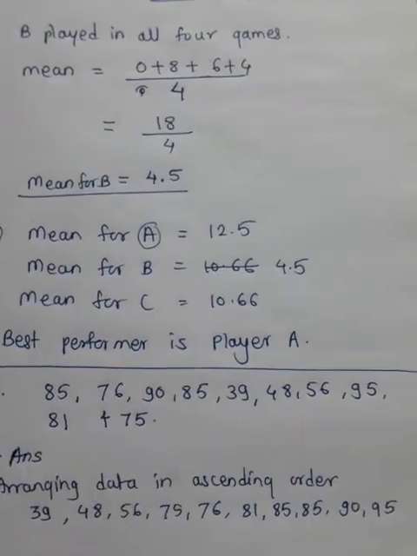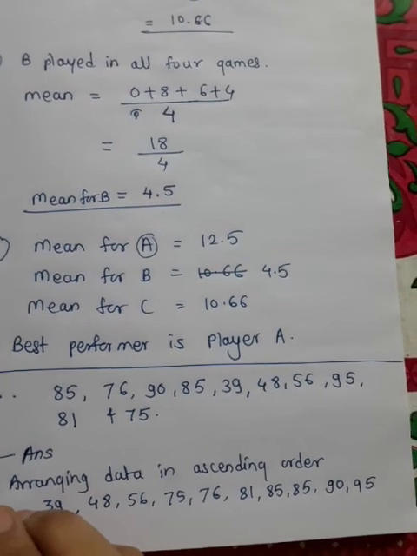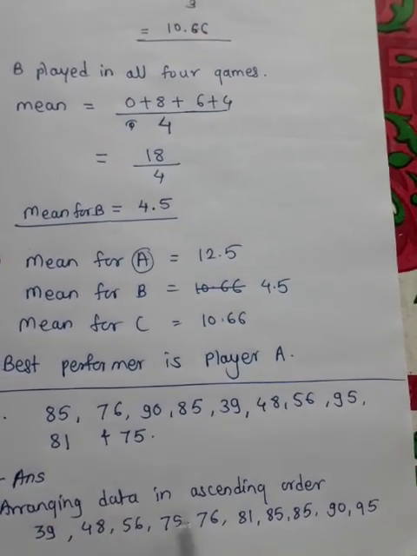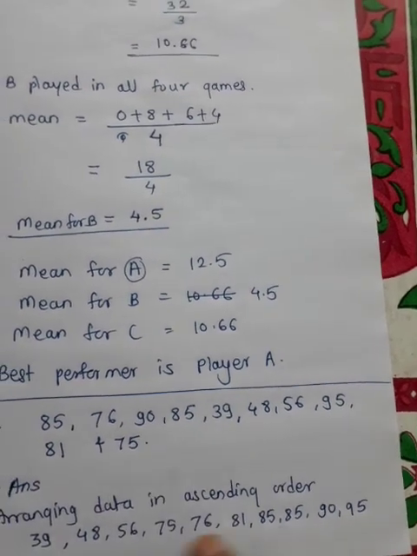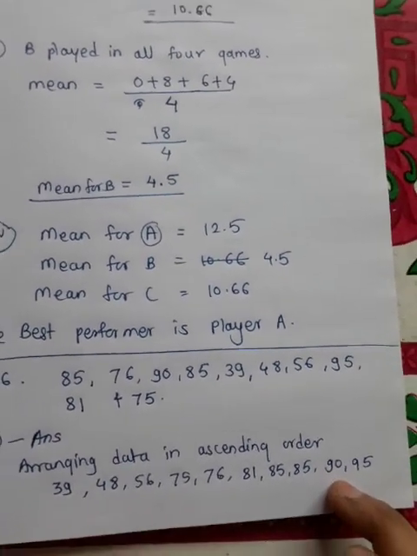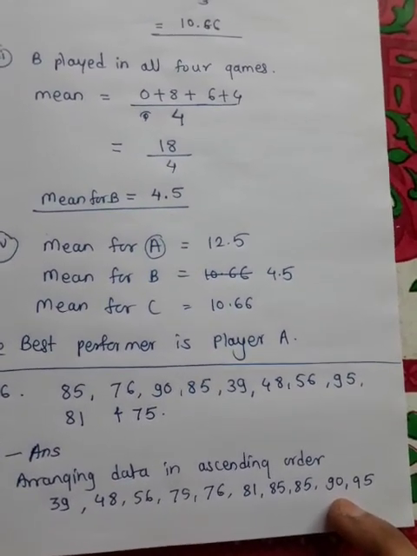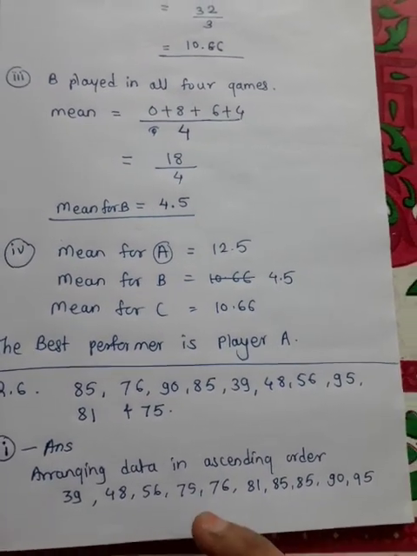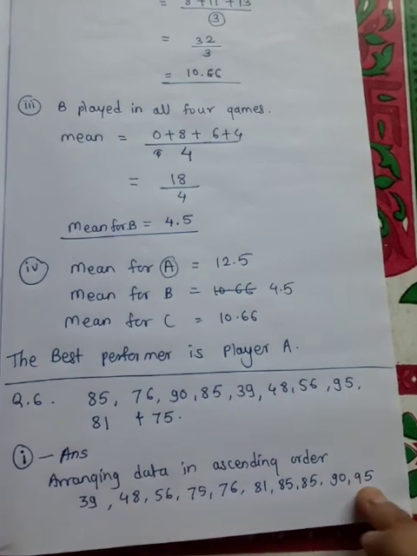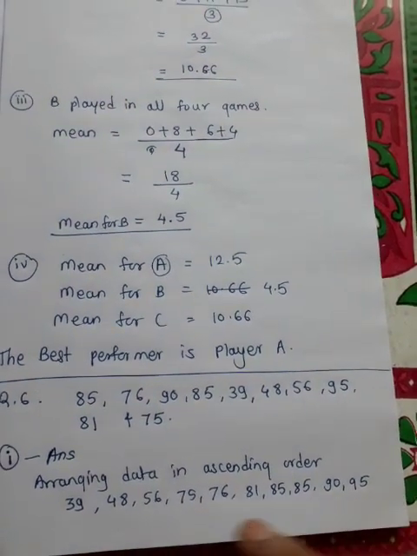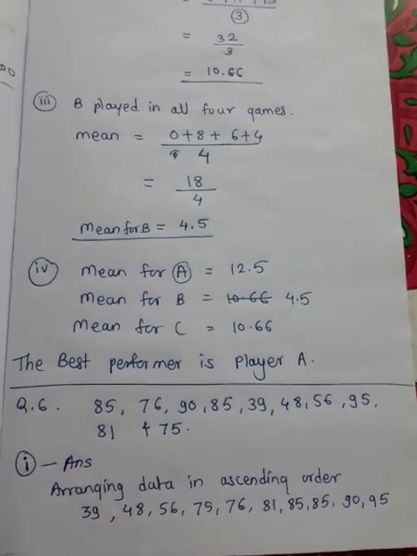So we have arranged the marks of 10 students in ascending order. Now we can easily say that the highest mark is 95 and the lowest mark is 39.